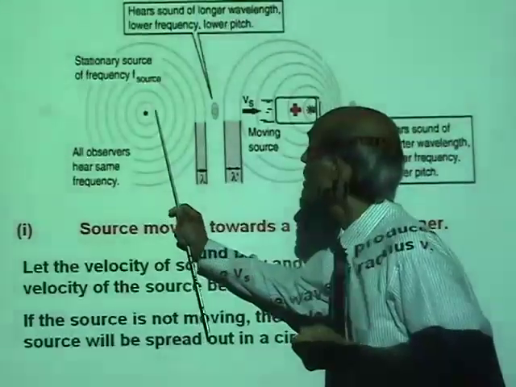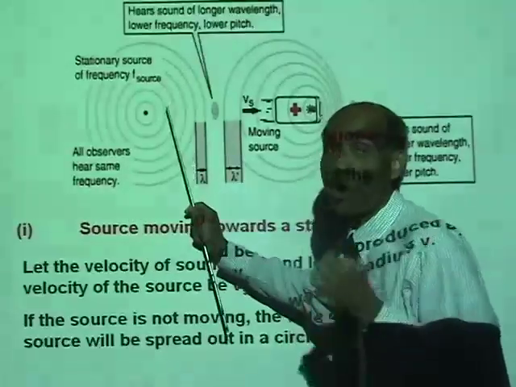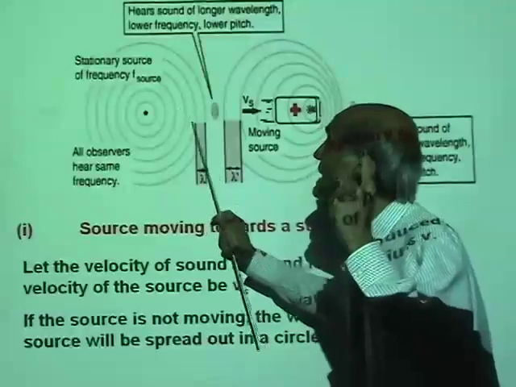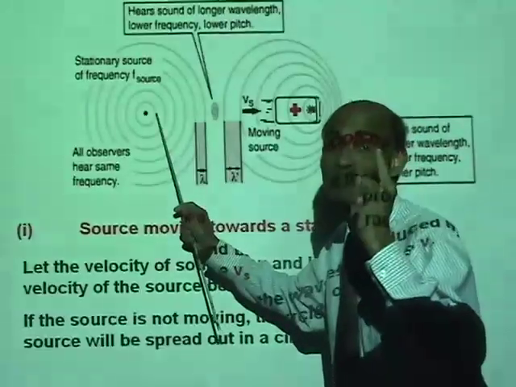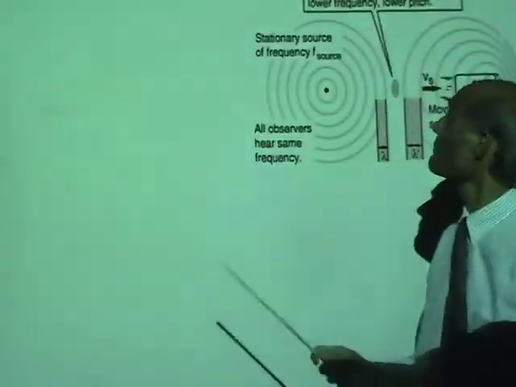So if this is the circle of radius v, all the waves produced in 1 second will be in that circle. Is that right? That's the meaning of this sentence.